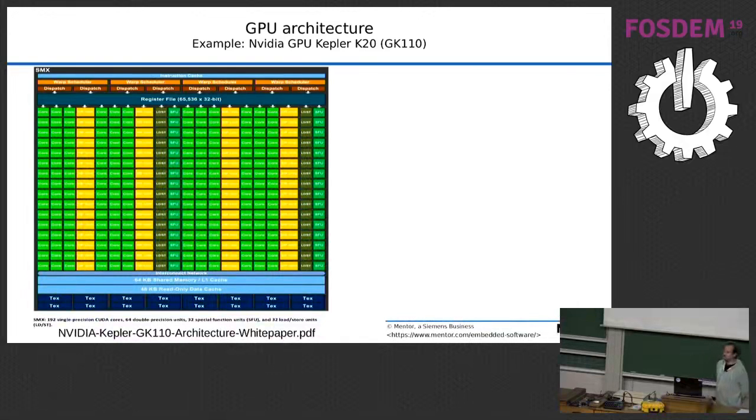Each of these bigger blocks has its own private data, and then of course there's a big GPU global memory space of several gigabytes or whatever you have. And then in one system you can have several GPUs, and then you can construct huge systems which are then used for weather forecast computations and simulations, stuff like that.